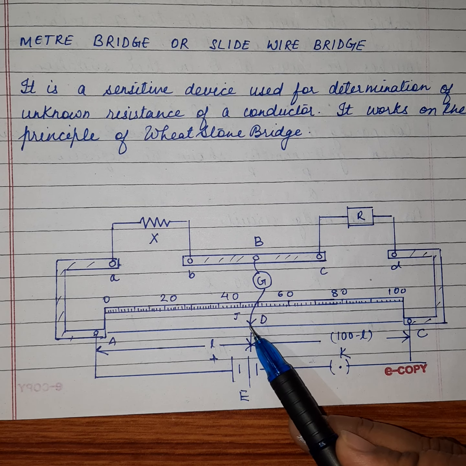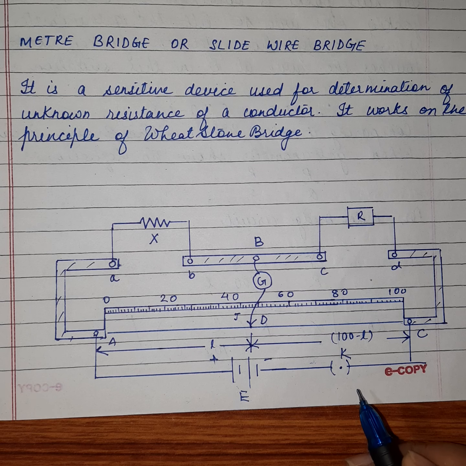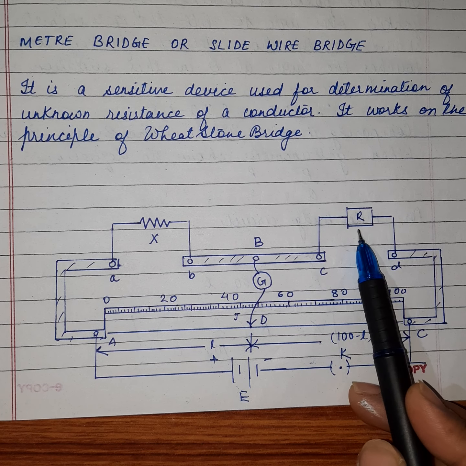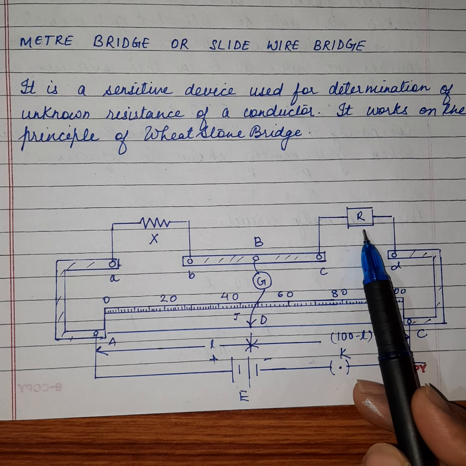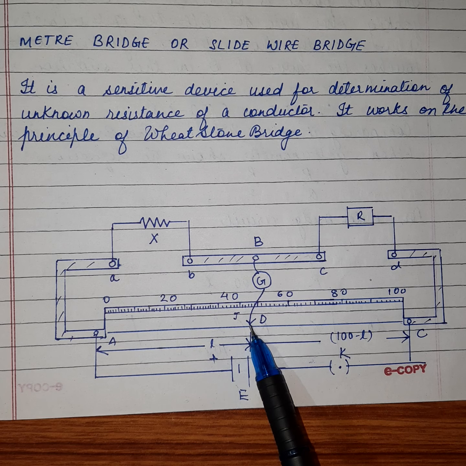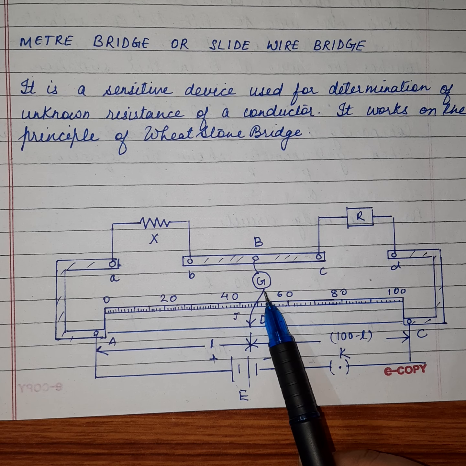So working. When this key is switched on, or when we plug in the key and take out some resistance from this resistance box, the jockey is then slid over this wire AC till the galvanometer shows no deflection, right?